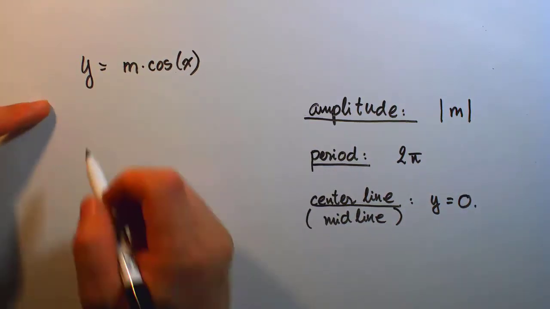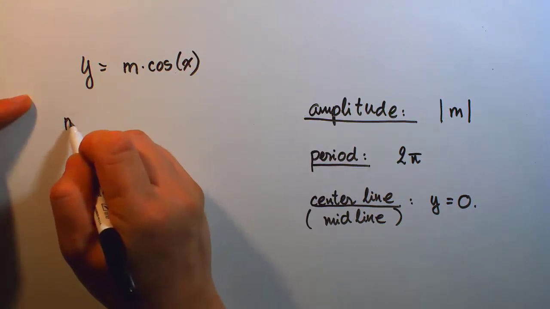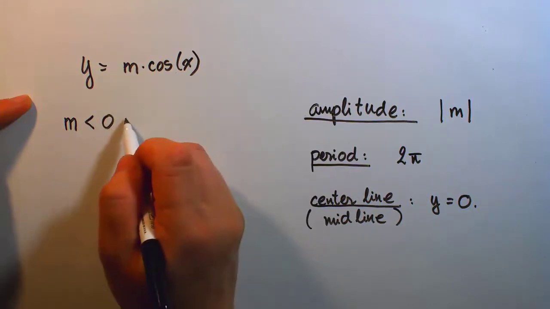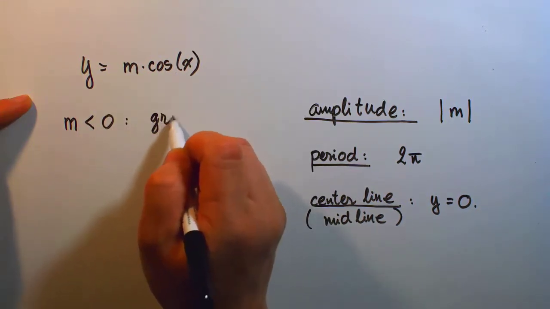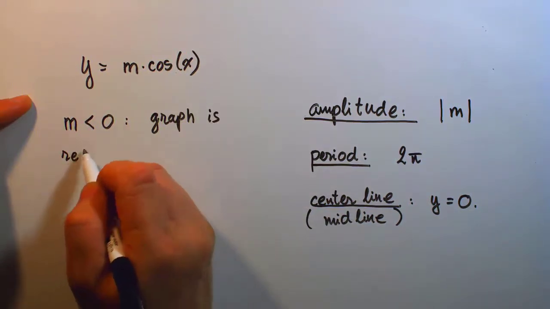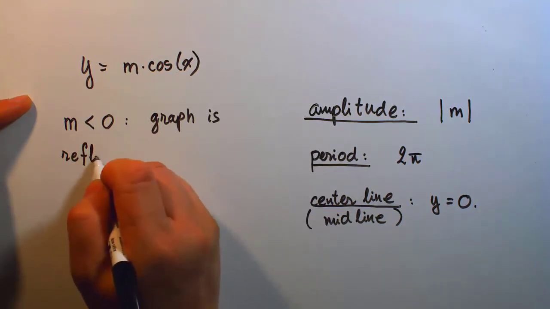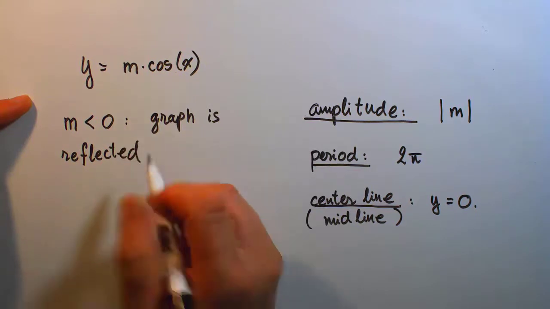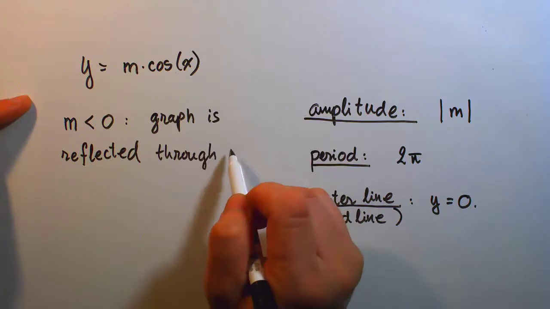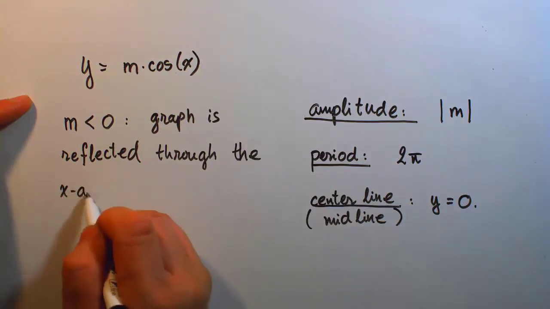And a further note: when m is a negative coefficient, then the graph is reflected through the x-axis.